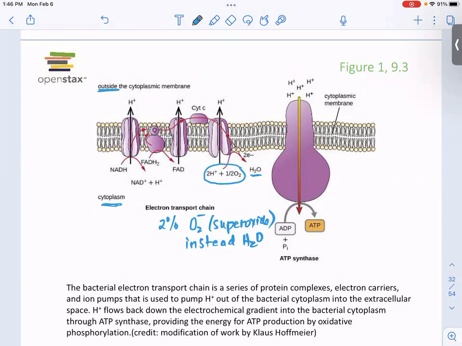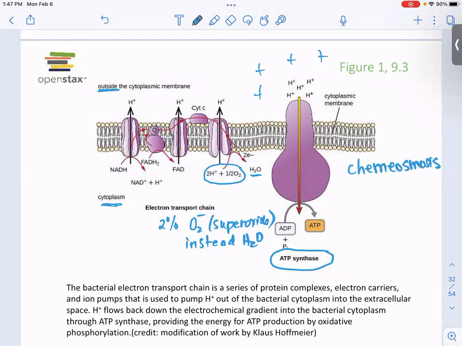And here in this picture, they show you the ATP synthase. That's the one spot where, I said, we had this proton gradient, lots of protons being pumped outside of the cell. That's the one spot that those protons are allowed to diffuse back in. We actually call it chemiosmosis.